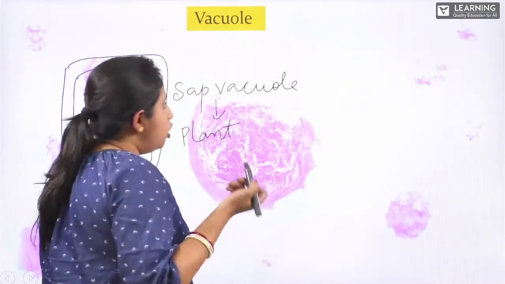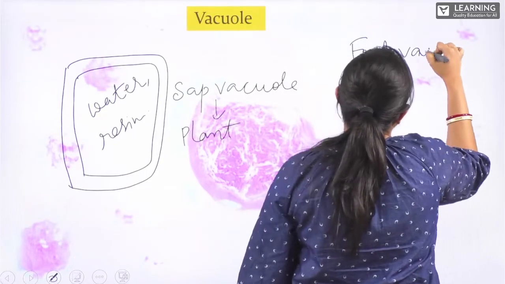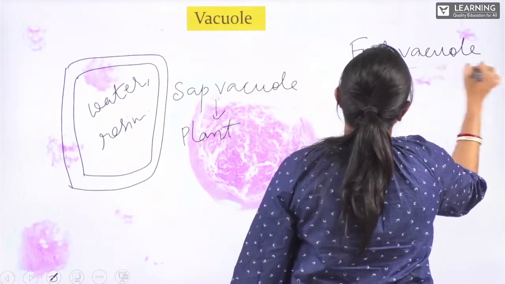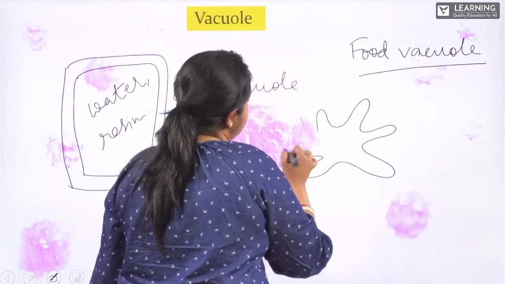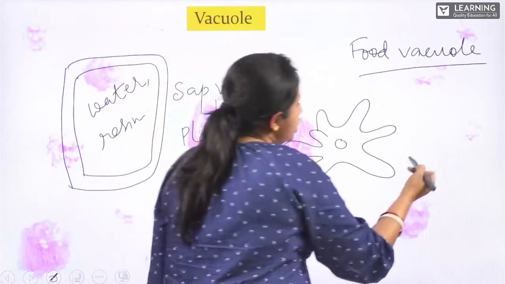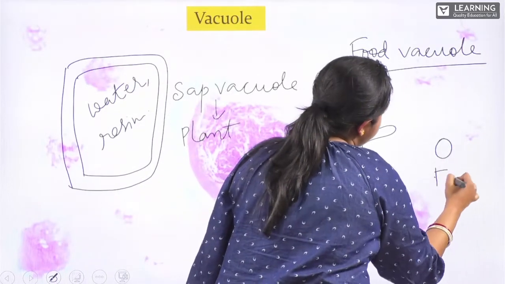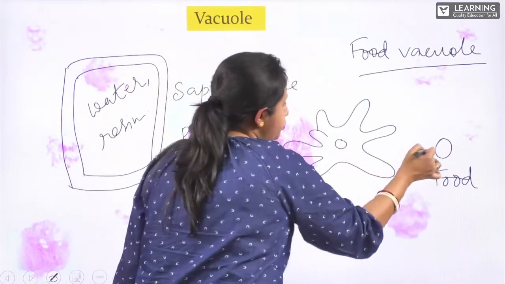Now, in case of amoeba, that is the food vacuole. You have seen the structure of amoeba, right? This is the structure of amoeba. If there is any food, this is the food, for example. Amoeba has the capacity to capture the food.